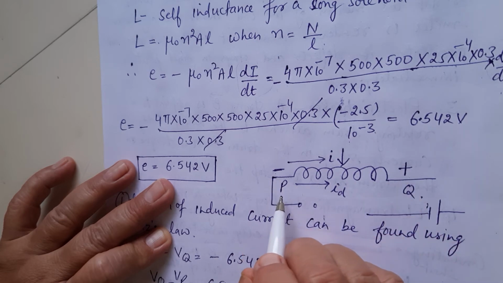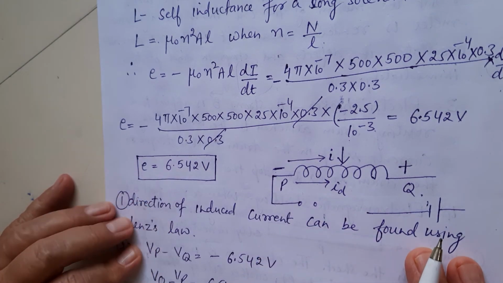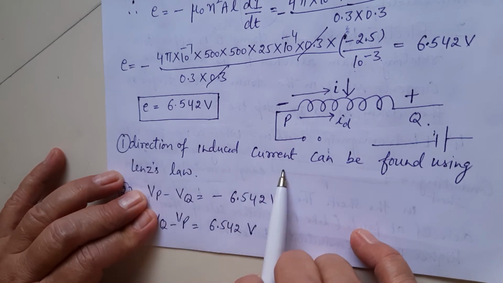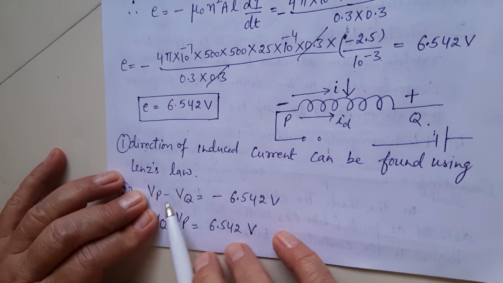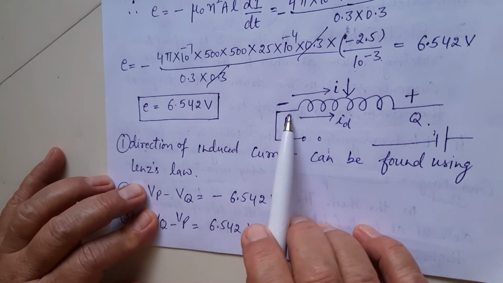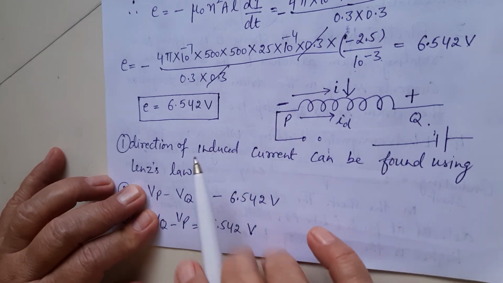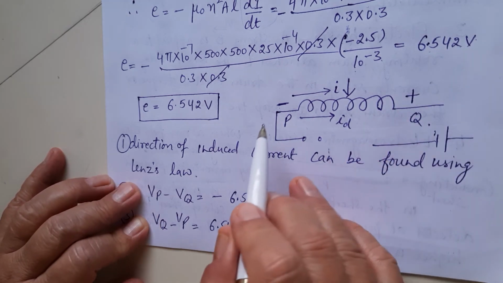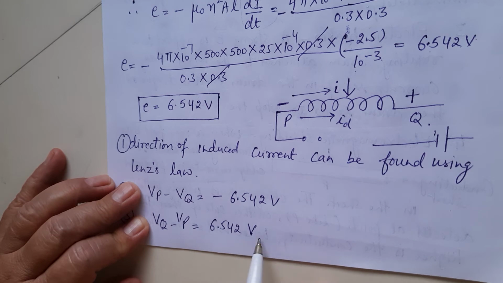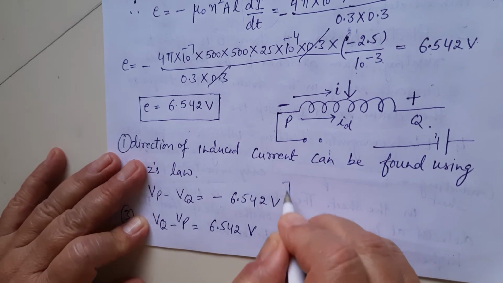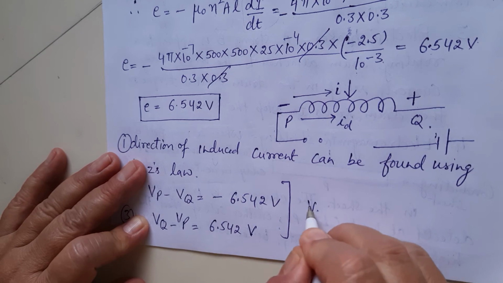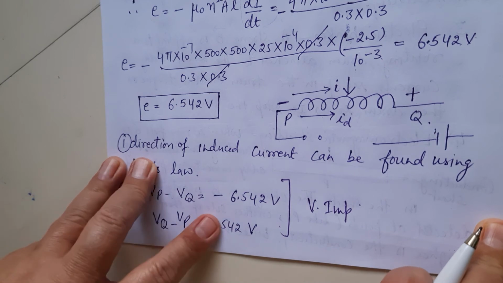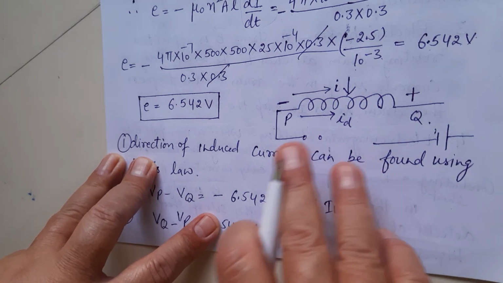So the direction of induced current can be found using Lenz's law. In this case, Vp minus Vq is equal to minus 6.542 volt and Vq minus Vp is 6.542 volt. This point is very important. Generally, this type of question is asked in examinations: what is the EMF between these points? So you must understand how we find EMF.